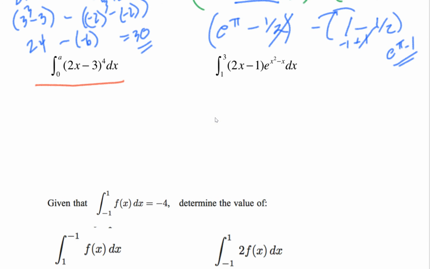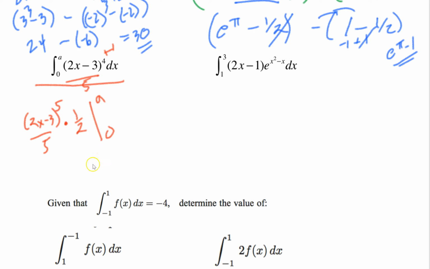You do it the exact same way you always do. You integrate, ignore the 0 to a for now, just integrate this. This is a reverse chain rule. Add 1 to the power, divide by new power. So I get (2x minus 3) to the 5th over 5, divided by the derivative on the inside, so times 1/2. I've already integrated, so I just put the limit 0 to a.